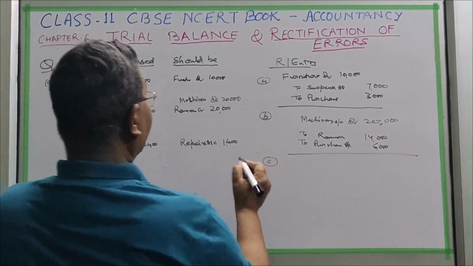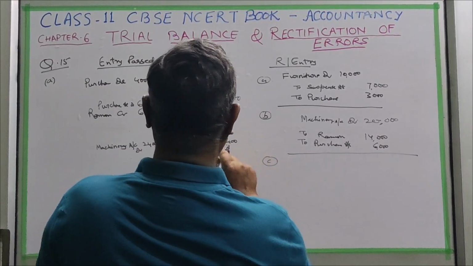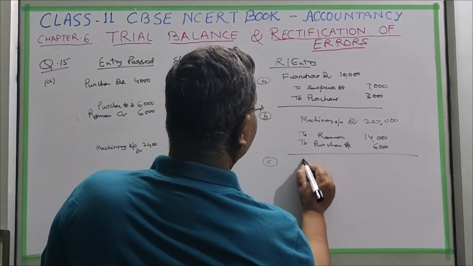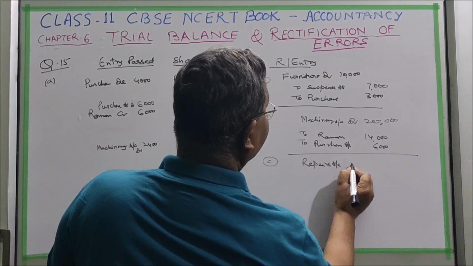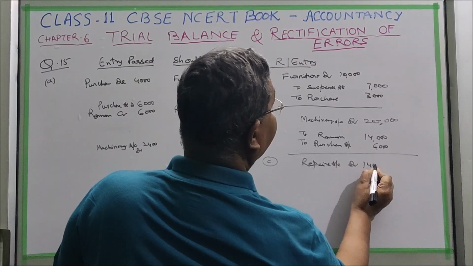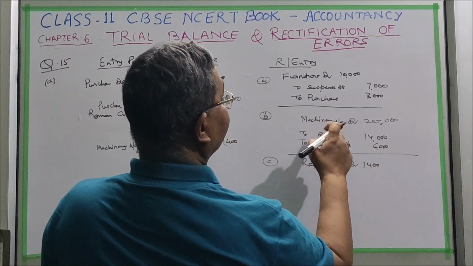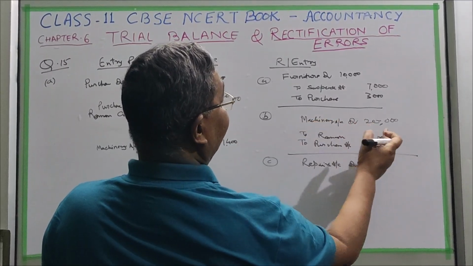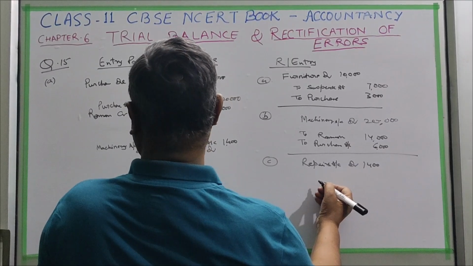So now what should you do? Repairs account debit 1,400. Suspense account we use when the name is not known. When it is clear, we write the actual name. Repairs account debit 1,400.